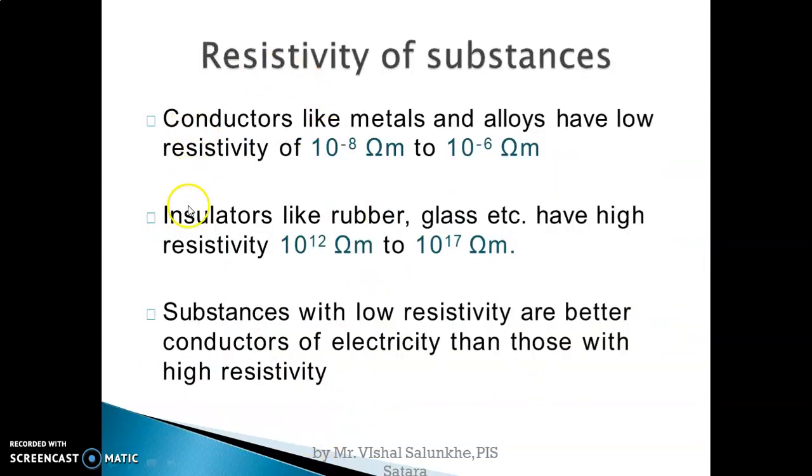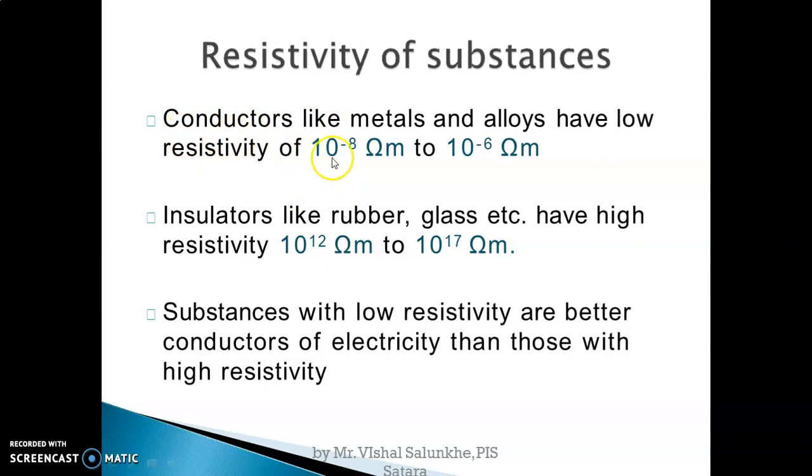For information, I have given some values of resistivity for some insulators and conductors. If you see, there is a huge difference between the values of resistivity in conductors and insulators. Conductors like metals and alloys have very low resistivity because their current conduction ability is very high, that is, conductivity is very high.